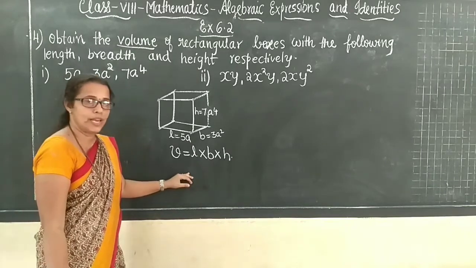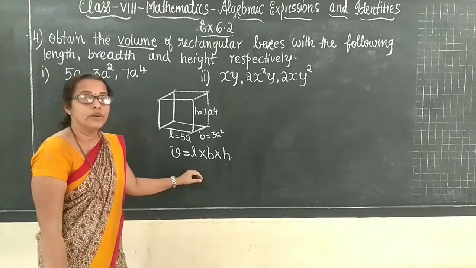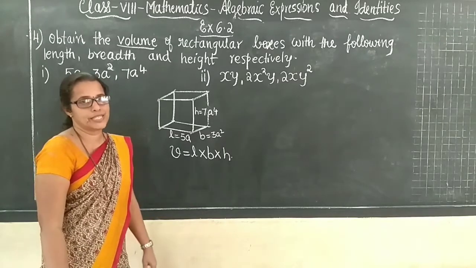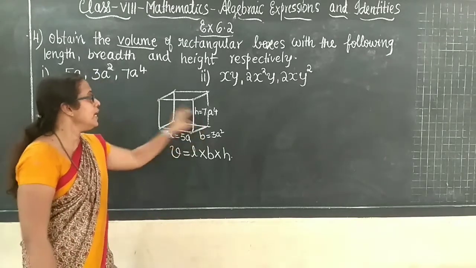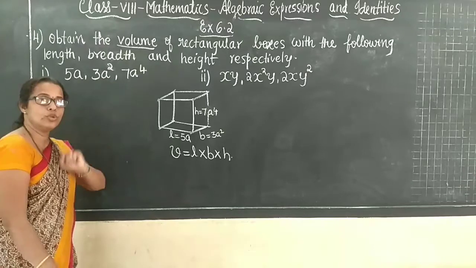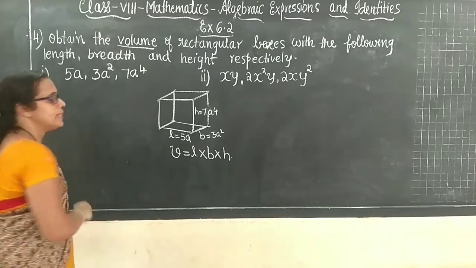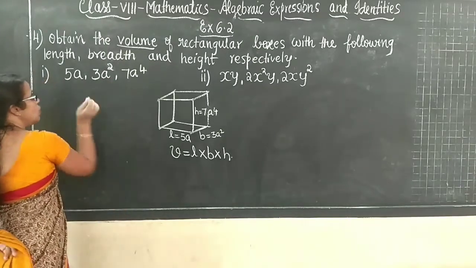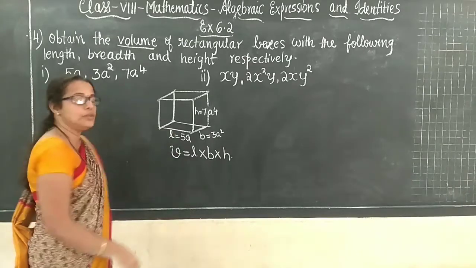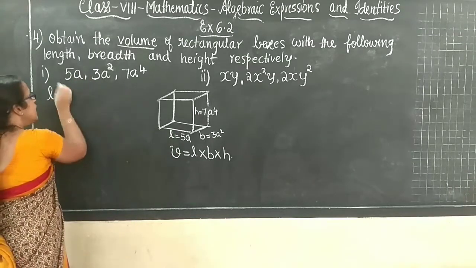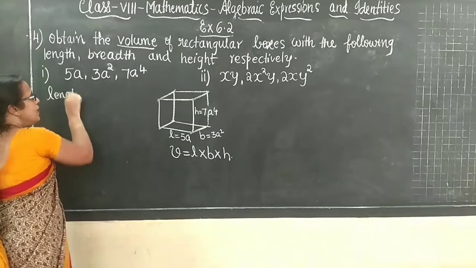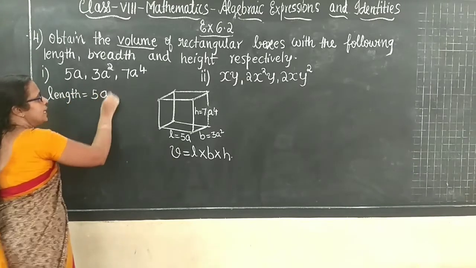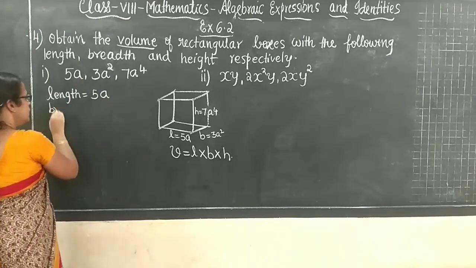This is the multiplication of 3 monomials. Volume is equal to length into breadth into height. Who is length here? Length is 5a.